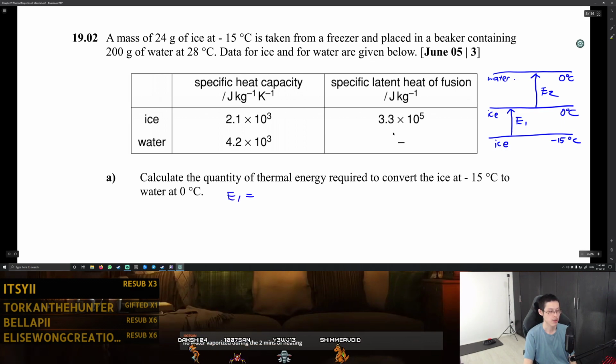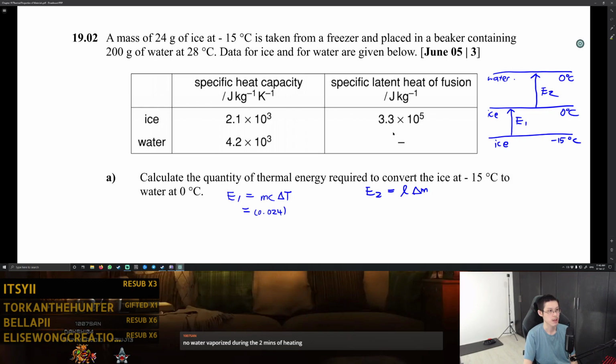So E1 is going to be equal to mcΔT, because you are just changing the temperature, not the state. E2 is going to be L times ΔM. So for the first one, m is 24 grams, so 0.024 kg. And then c is the specific heat capacity of ice, which is 2.1 times 10 to the power 3, and the change in temperature is positive 15.